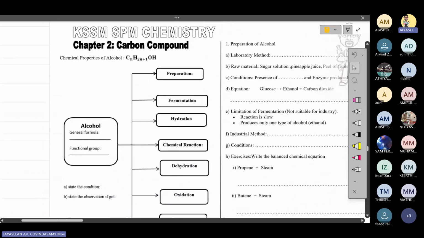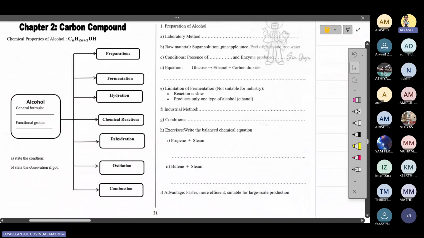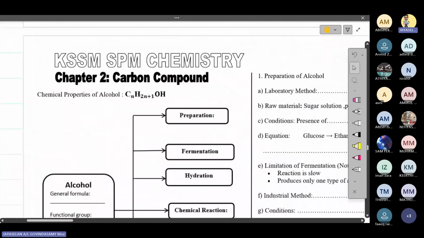Now we go for today's lesson, alcohol. Alcohol, a very interesting part.